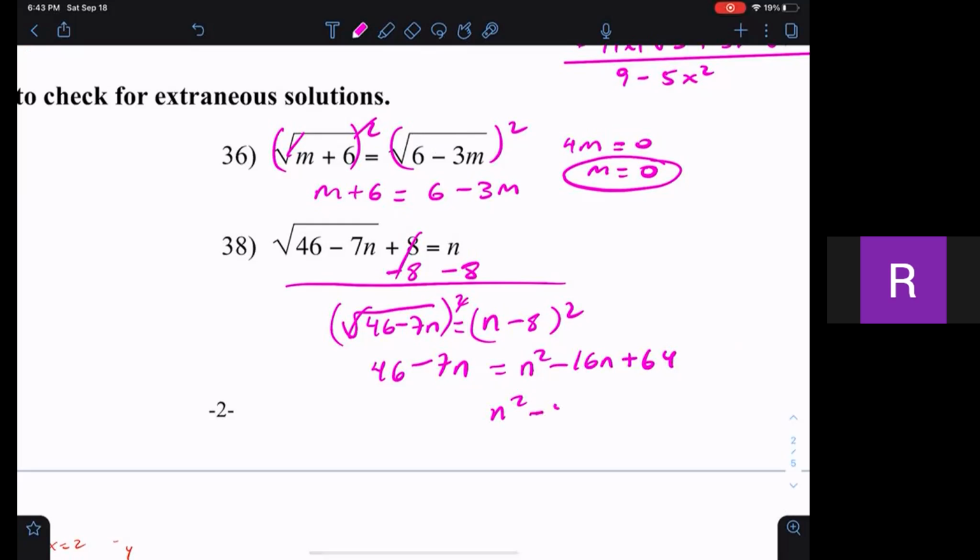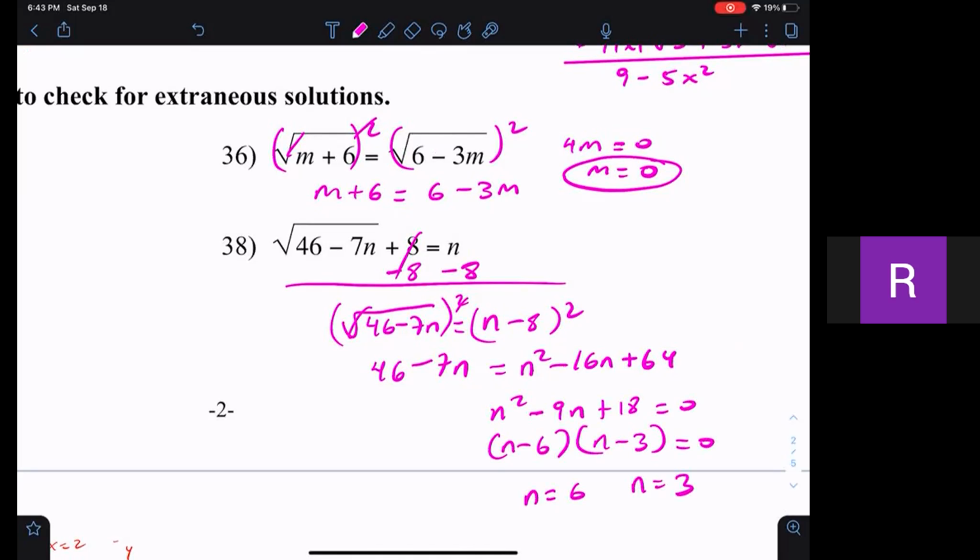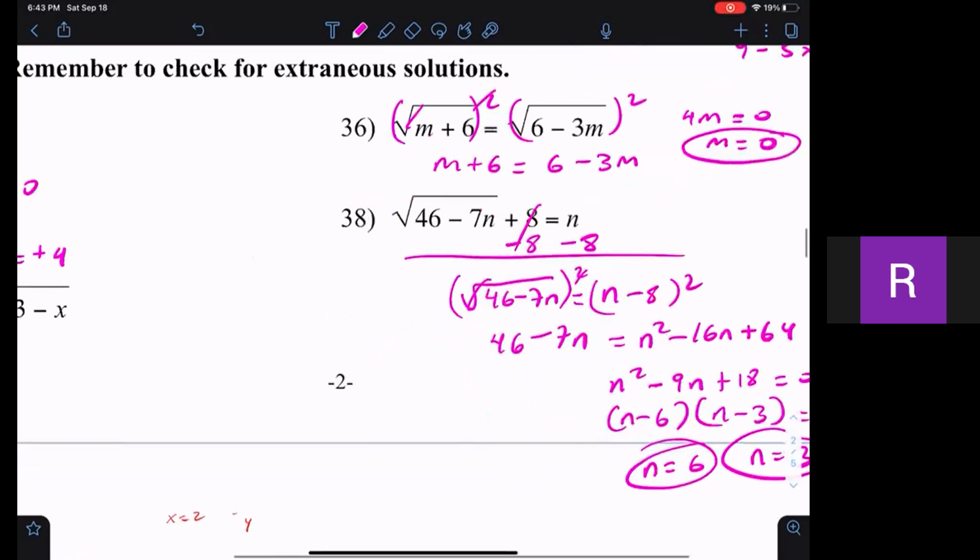I'm going to get negative 9n. I subtract 46 in both sides. I'm going to get plus 18. This is equal to 0. This is going to be 6 and 3, right? So n minus 6, n minus 3 equal to 0, n equals 6, n equals 3. And you can check which one is the one that doesn't work, right? But these are the solutions.